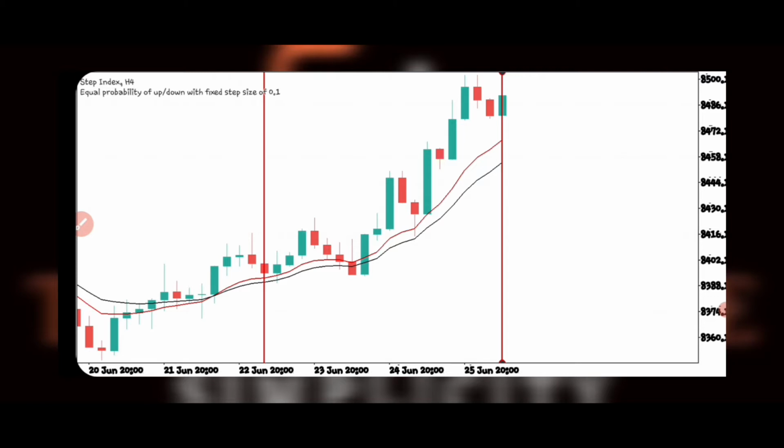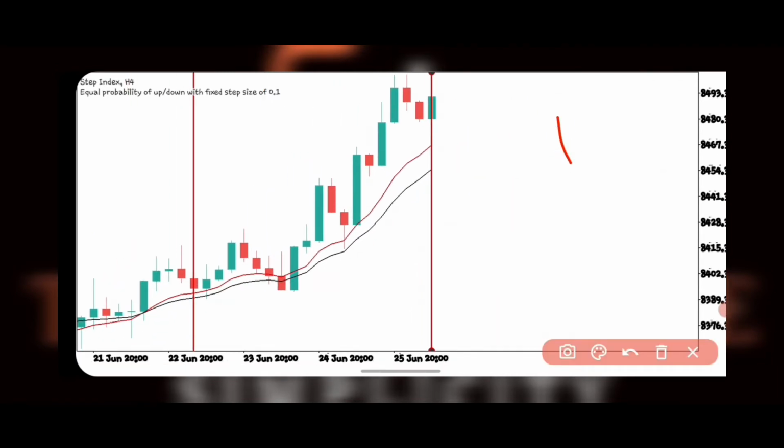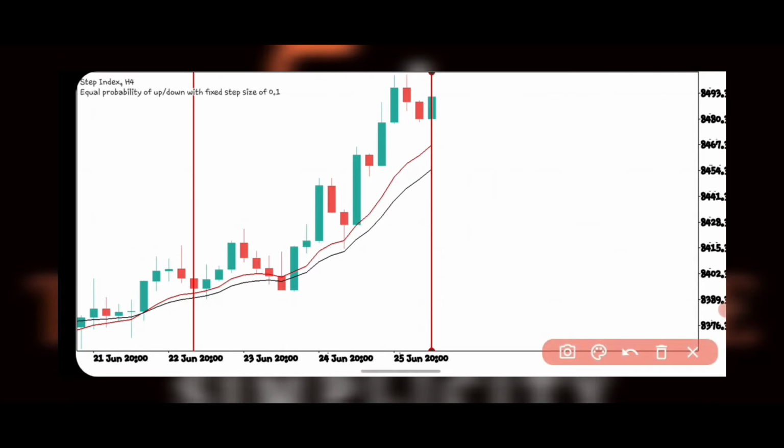Then after seeing my rejection there, the next thing I want to do is go back 4 time frames from the current time frame where I'm seeing the rejection. Here we have our H4, so we take 4 divided by 4, which is 1. So I'm going to 1R to look for my confirmation in order to enter the trade.